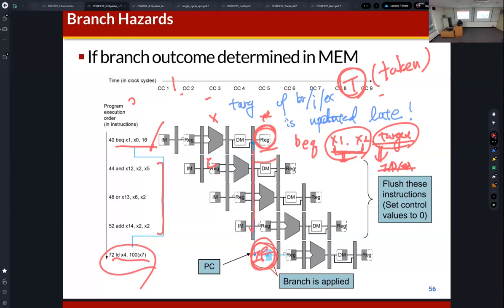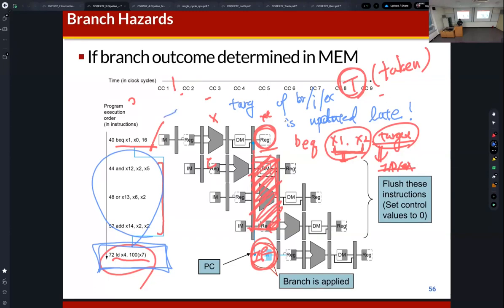And how about this one? These pipeline stages, such as the memory stage, execution stage, and ID stage, include wrong instructions, because this is the correct instruction.